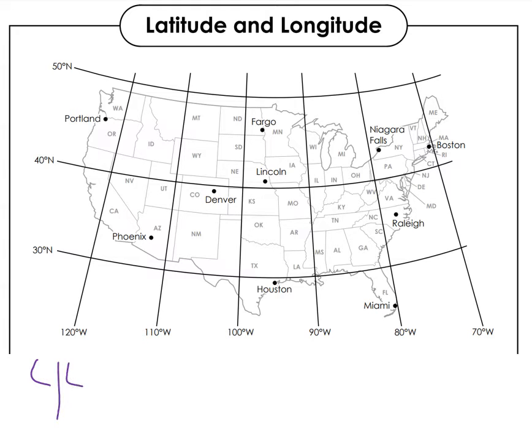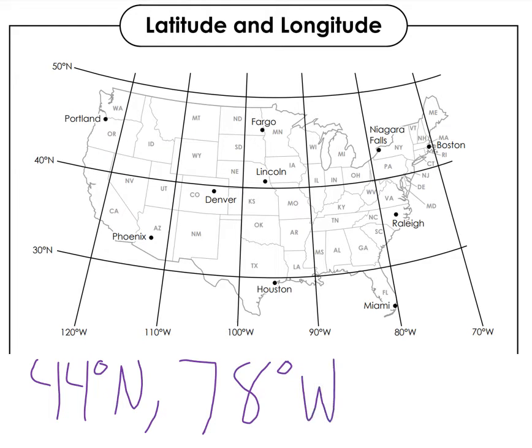Okay, this is 44 degrees north and 78 degrees west. Okay, and I'm going to pause for a second so you can pause the video and try to figure it out before I move on. I'll wait 5 seconds and then I'll solve it.